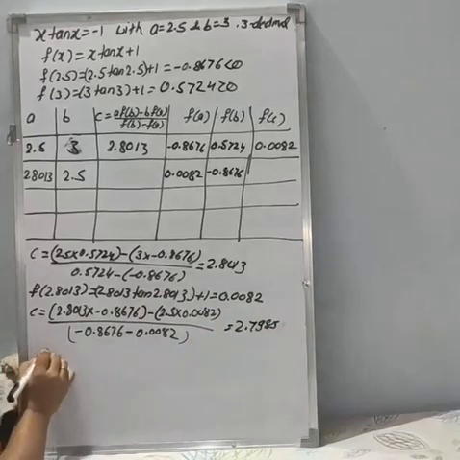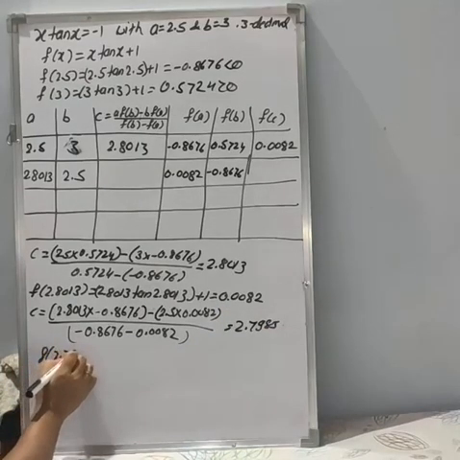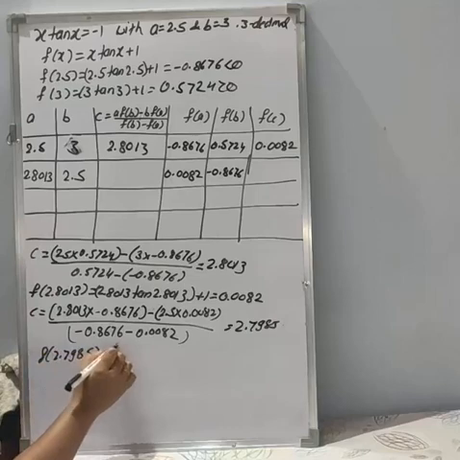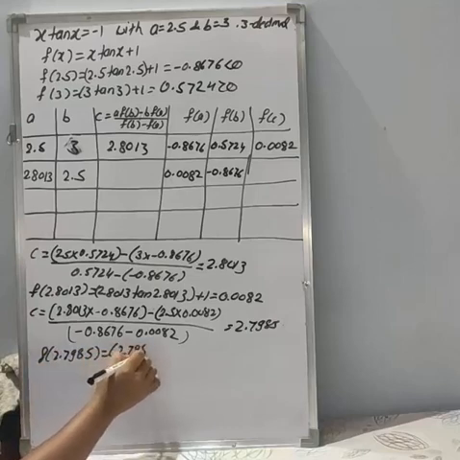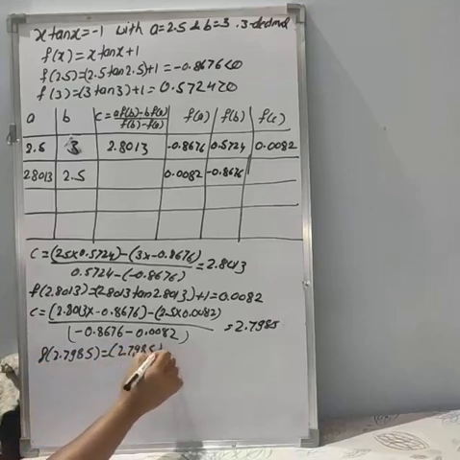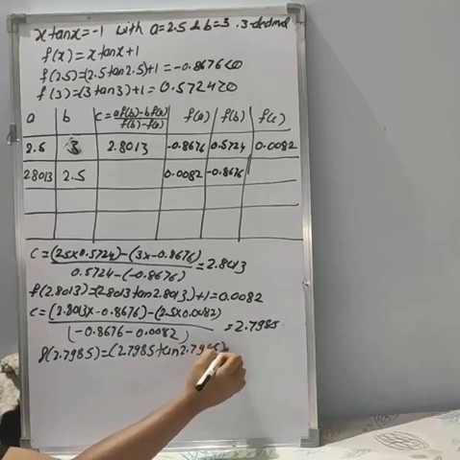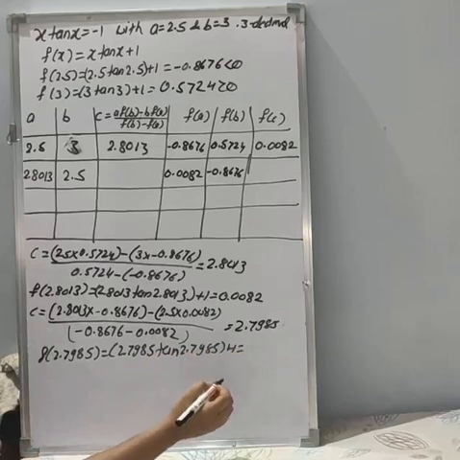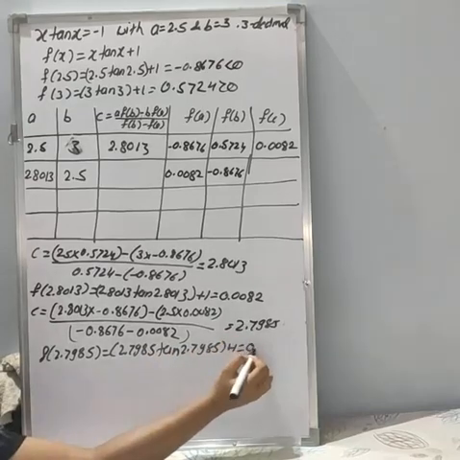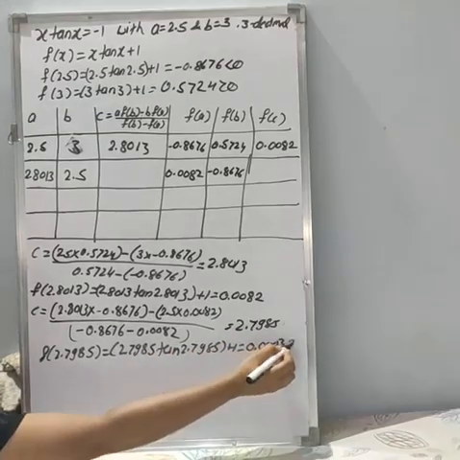2.7985. Now find f of 2.7985. That is 2.7985 tan into again 2.7985 plus 1. You will get your answer as 0.00032.